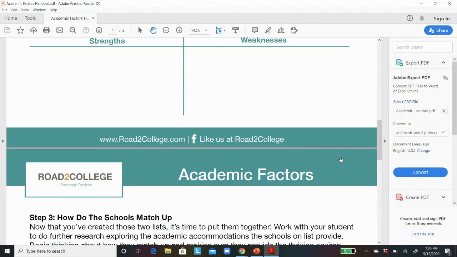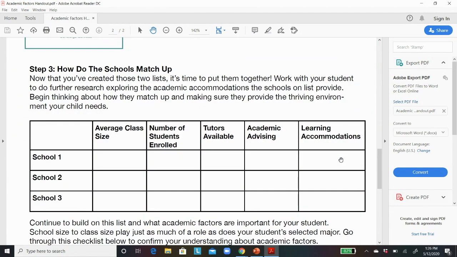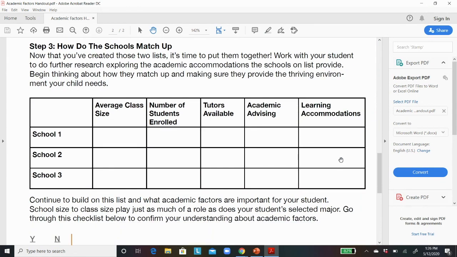So doing that inventory is very helpful to make sure that you're looking at the right criteria. And then you can match the schools to your criteria. And again, this is just an example. What we suggest is that you use a scale of 1 to 4 and rate each school based on each leading attribute that you determine most important.